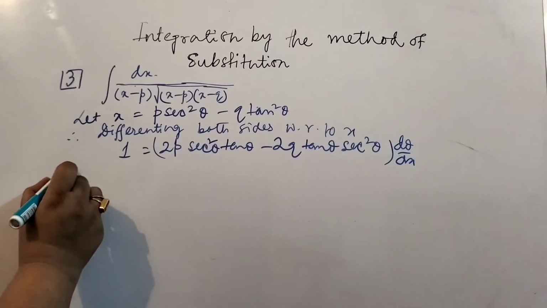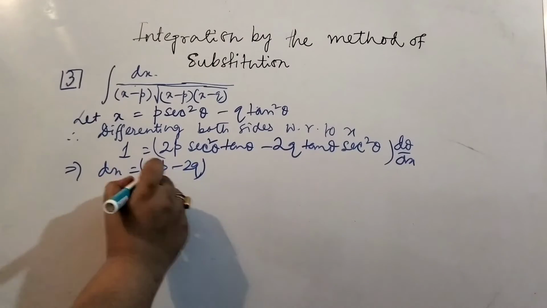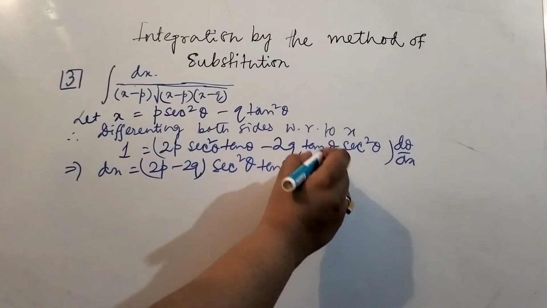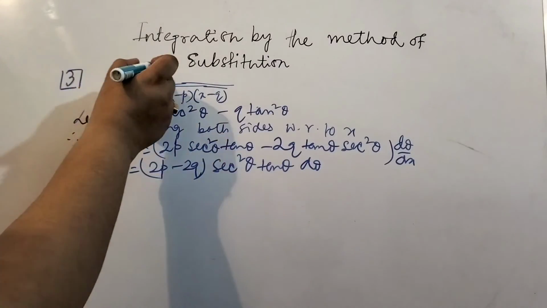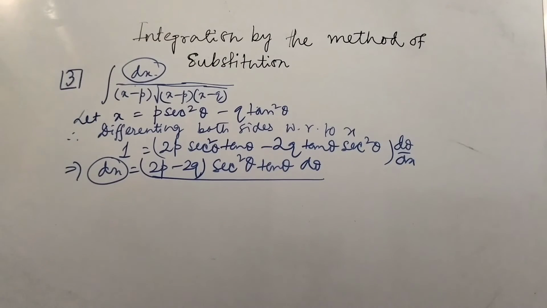So this will simply give us dx is equal to 2p minus 2q sec square theta tan theta d theta. That means in the place of this dx, we can transform this particular expression.